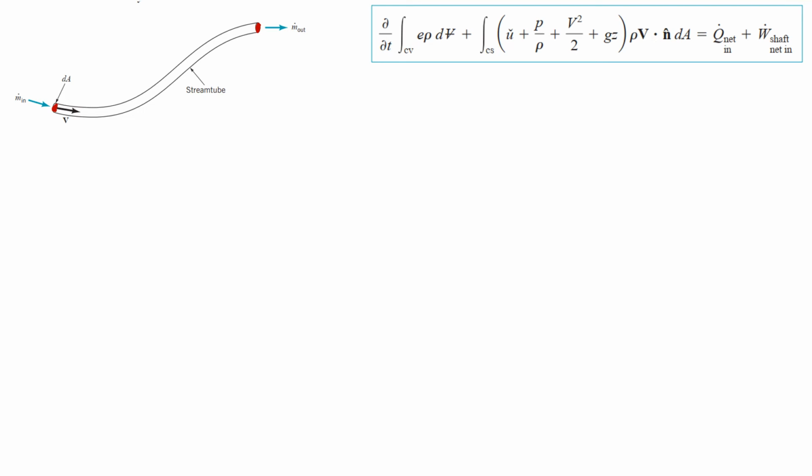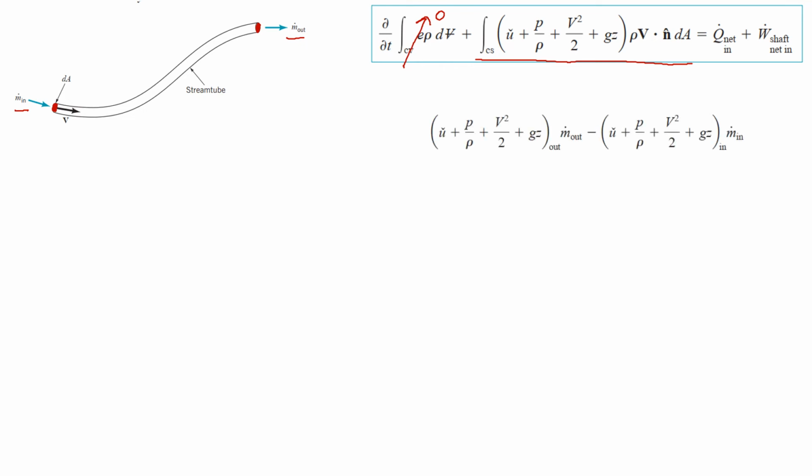So what we are going to do is write equations for these control surfaces by using this control surface integral in our new energy equation. So again this will be equated to 0, and now let's write some equations for these two control surfaces.